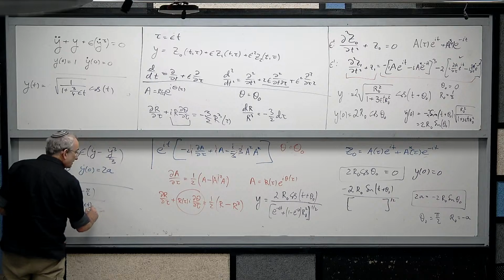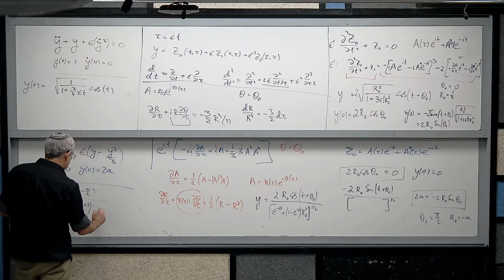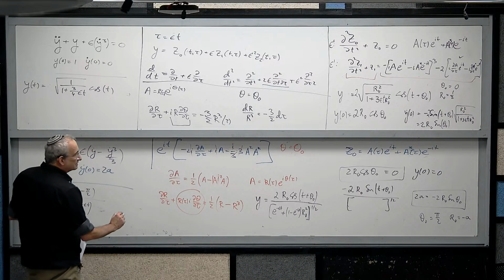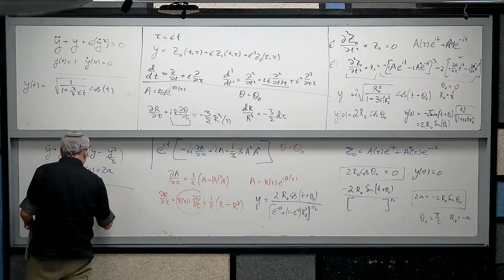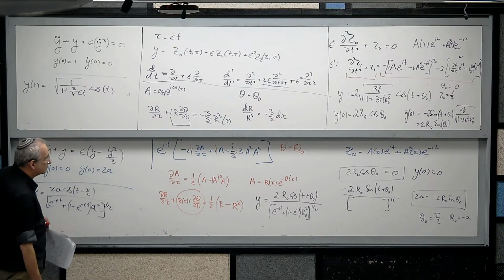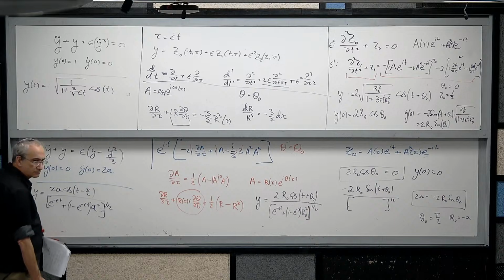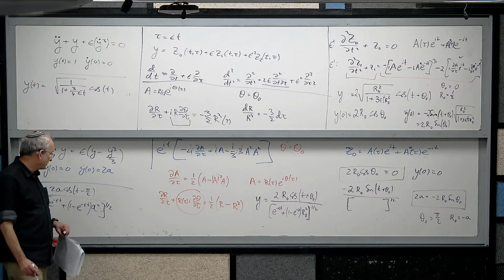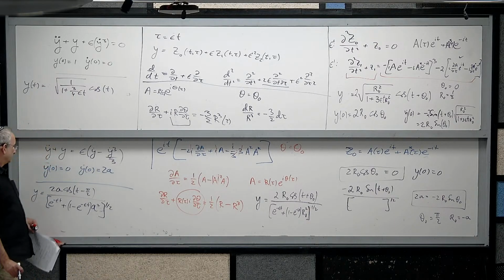Why 4? R naught squared, and r naught is a, so a squared. I think that the cosine of t minus pi over 2 can be written as sine t or minus sine t. Whatever, it's nicer.